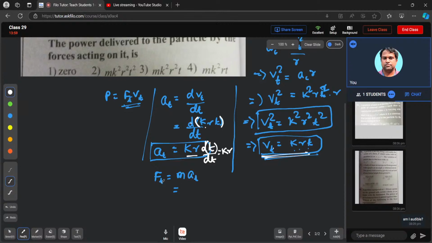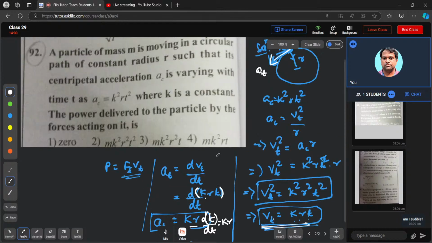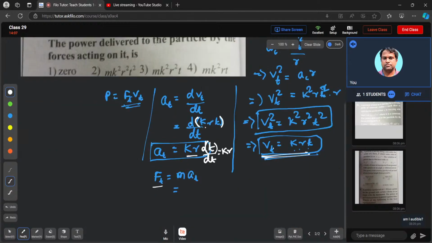Now the force on a particle of mass m is m times a tangential, and a tangential we are getting kr. So mkr is the tangential force. Now the power delivered by the mass while revolving is force into velocity.